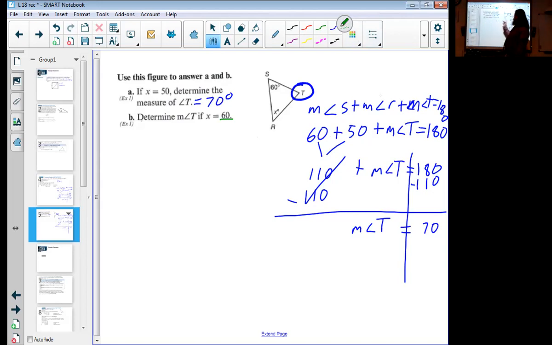So we take this 60 and we copy it over, 60, because that's the angle we have. Plus, now the measure of angle R, instead of being 50, is now 60. Plus, we don't know what the measure of angle T is. Remember, we changed our variable, so we need to change. We don't know what it is, but we know this entire thing, the sum of these three angles, is 180.